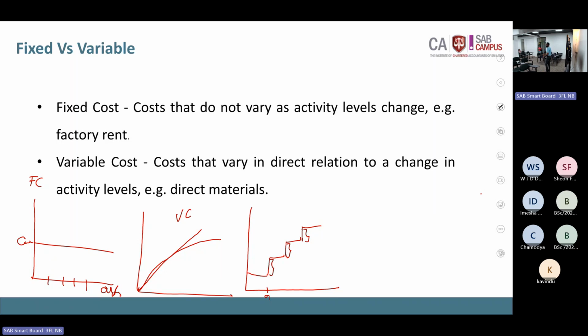If we are recruiting another person, what will happen? The total salary cost will be 40,000. If we recruit another one, again 20,000, so the same amount. It is a fixed amount. The cost is changing with a fixed amount, that we call it as the semi-fixed cost.